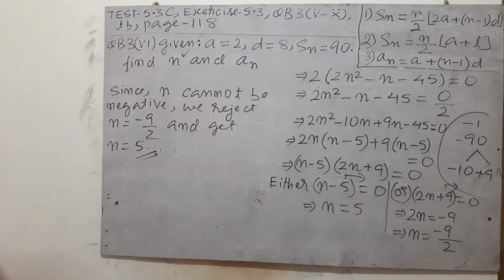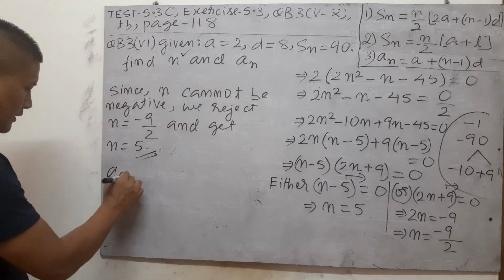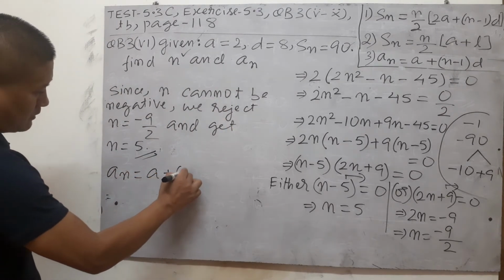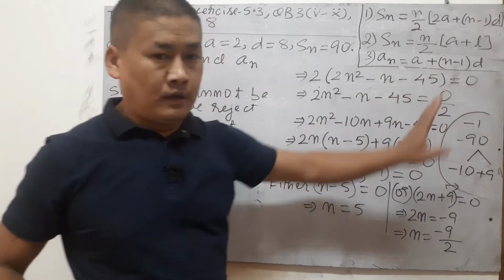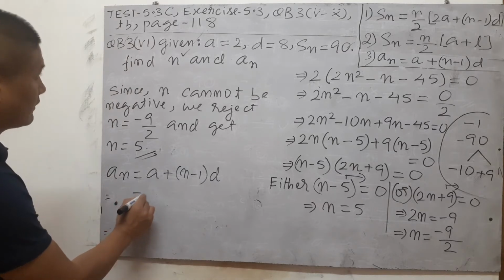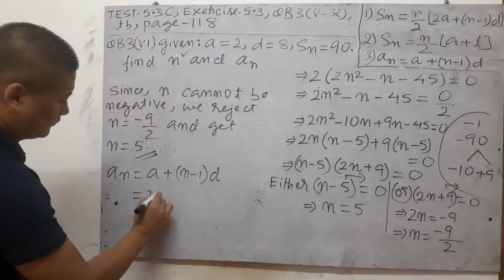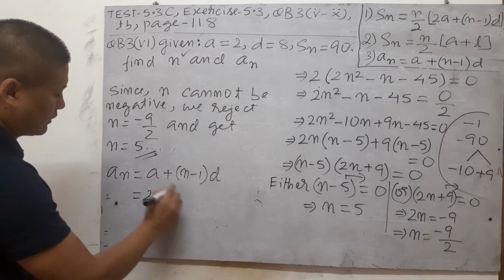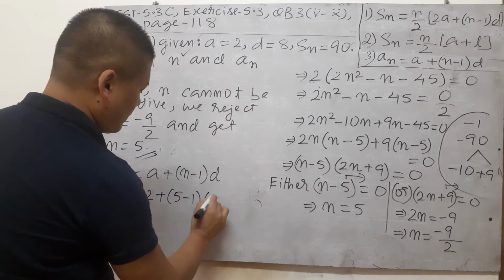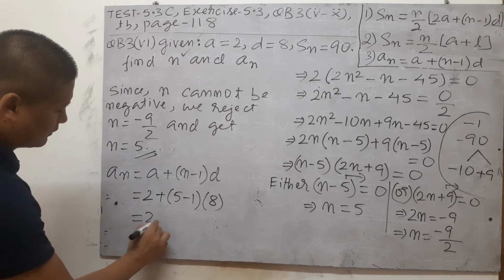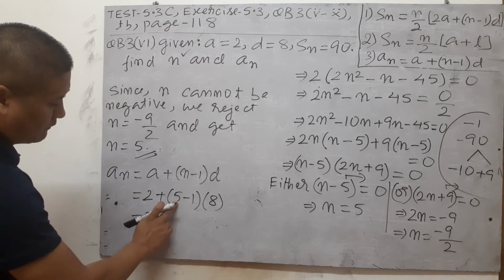Then we have to find an. So you write the an formula, a plus n minus 1 into d, as you can see here. You can apply the formula. So the a value is already given, 2. And just now we got n, so 5 minus 1 into d is 8. So it's a matter of doing it patiently. 2 plus 5 minus 1, 4.